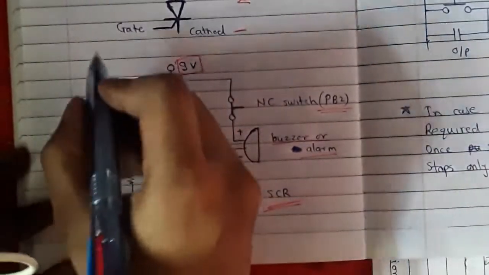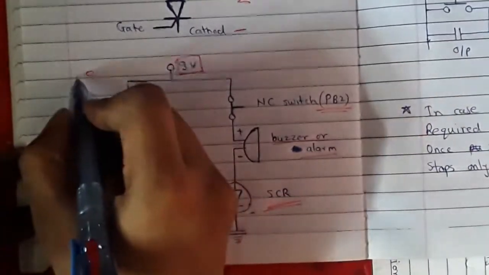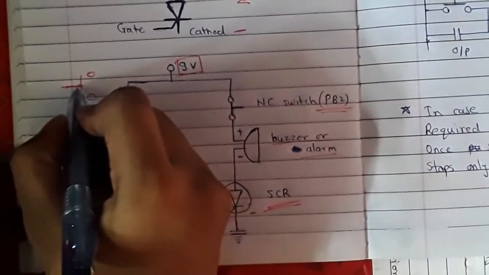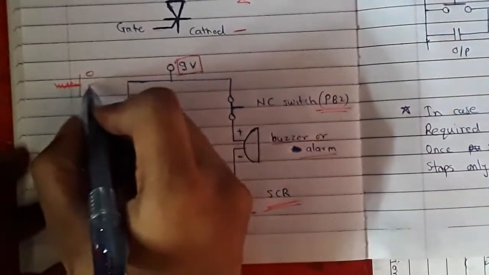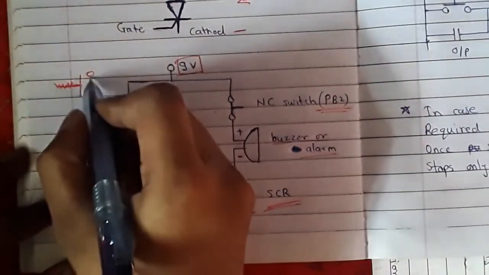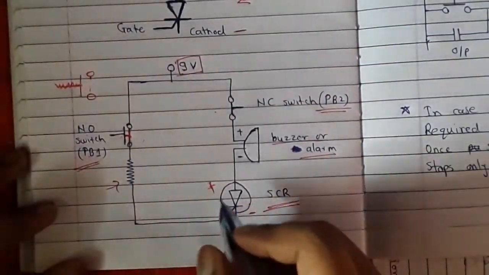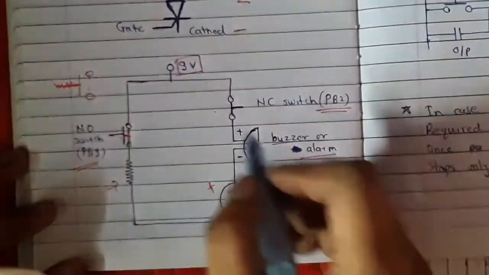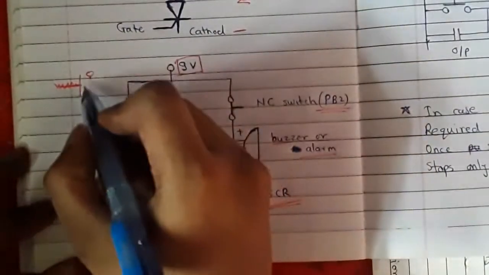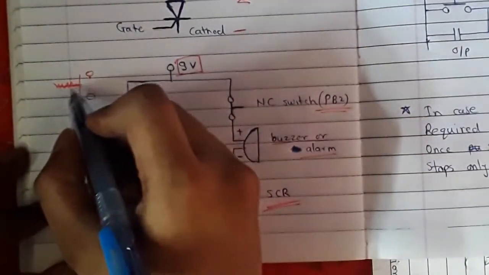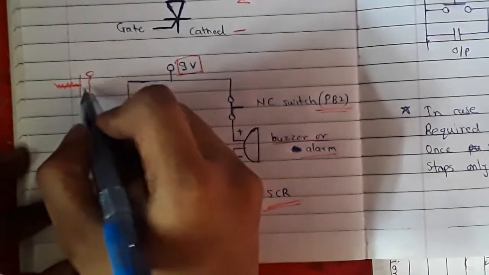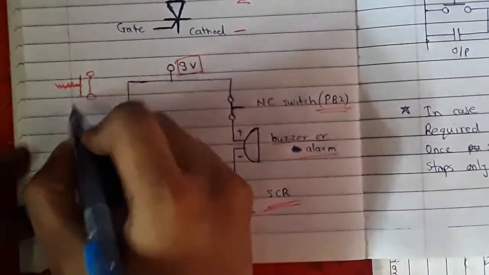So see here friends, this is a normally open push button here. Suppose it has a spring here. When we push it, it goes here, and SCR turns on and the buzzer will start alarming, and when we release the push button, it goes to its initial position, that is here.